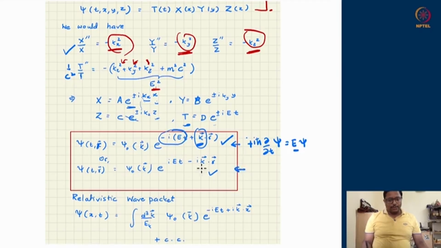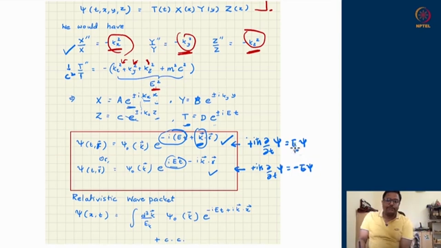However, when I apply it to the second one, with a positive argument in the exponential, the Hamiltonian operation iota h bar del del t upon psi for a stationary solution gives me a minus E psi. This is the definition of stationarity; even in the Schrodinger equation we demanded this, and it remains true in the case of the Klein-Gordon equation as well.